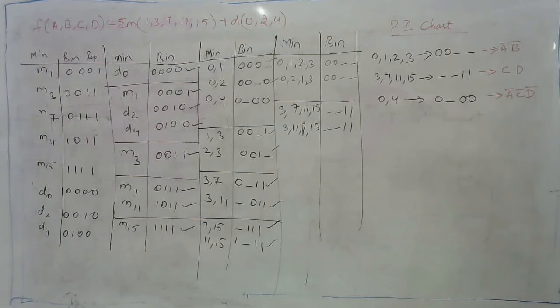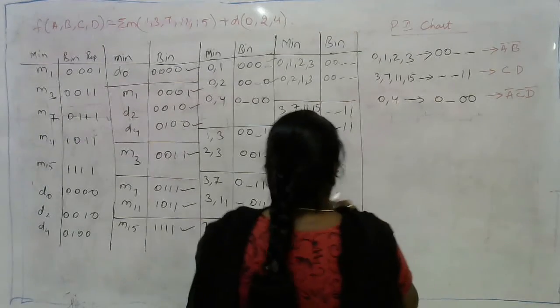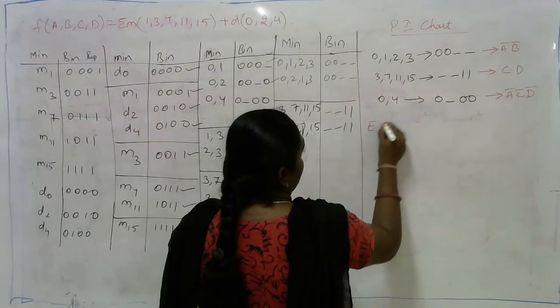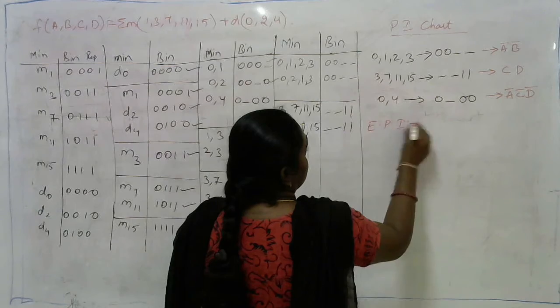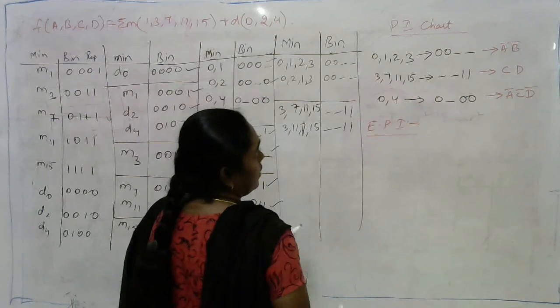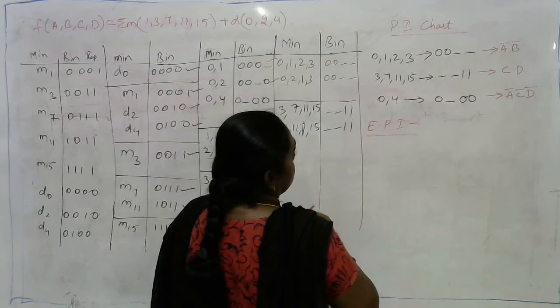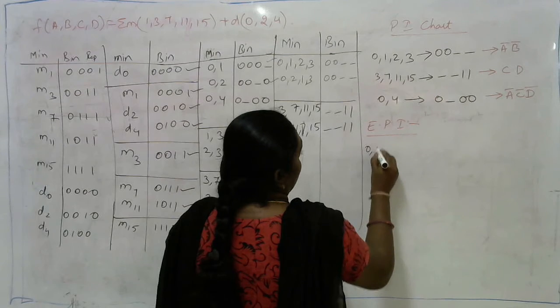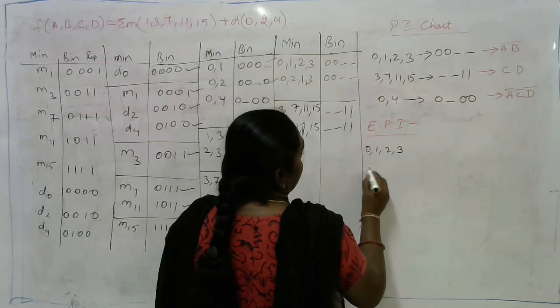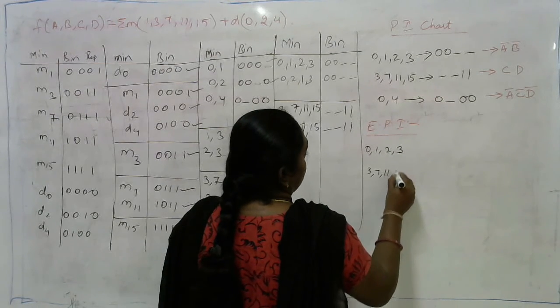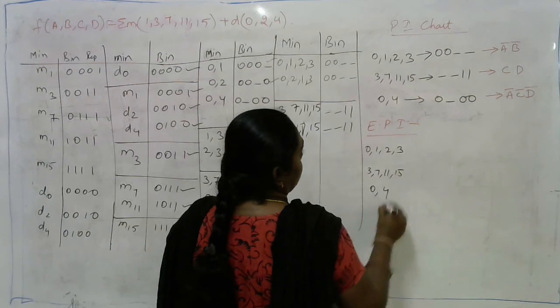After writing the prime implicant chart, we need to write down the essential prime implicant chart or prime implicant selection chart. So here first write down the prime implicants. Those are 0, 1, 2, 3, 3, 7, 11, 15, 0, comma 4.